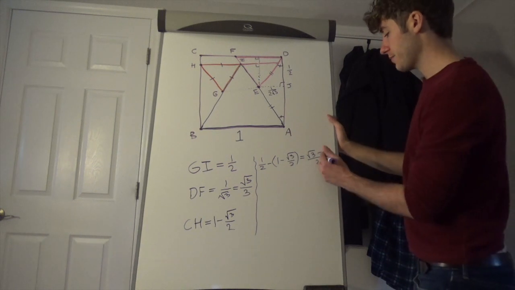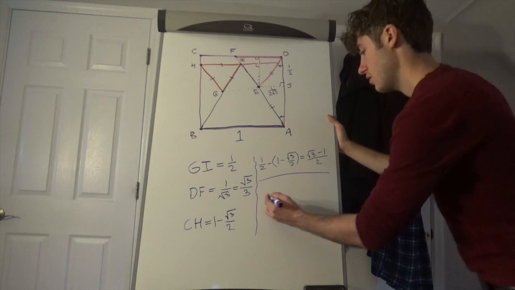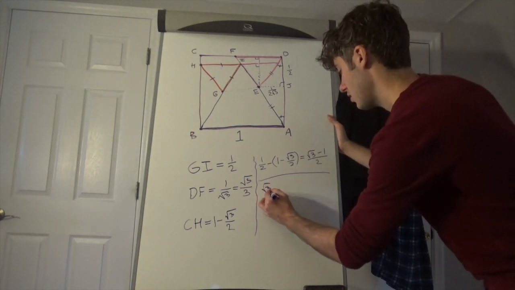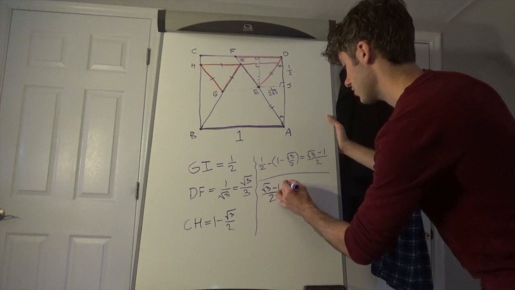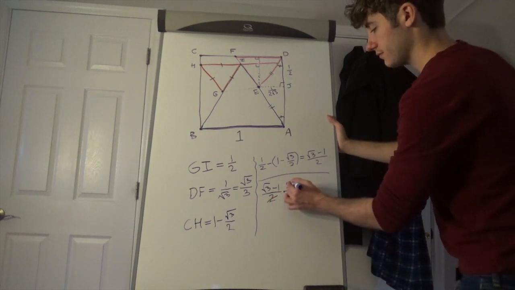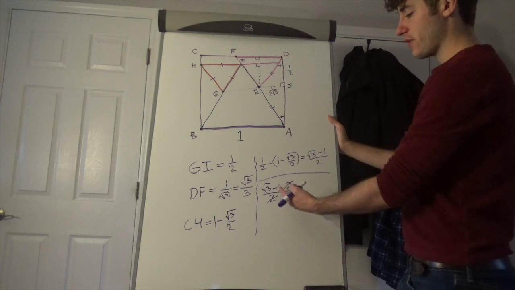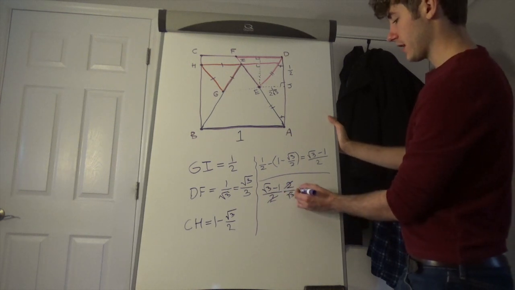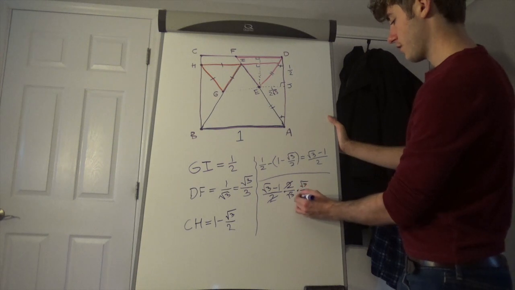So we're going to do root 3 minus 1 over 2 times 2 over the square root of 3. The 2's will cancel, and I'll be left with root 3 minus 1 over root 3, but what we're really going to want to do is rationalize that, so we'll multiply by root 3 over root 3 again.